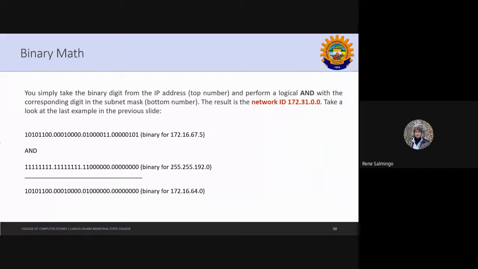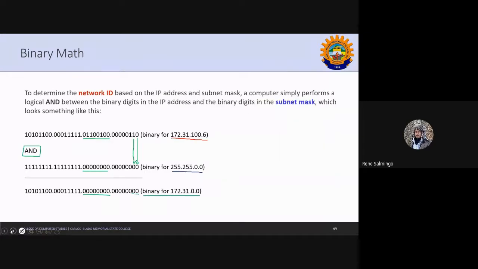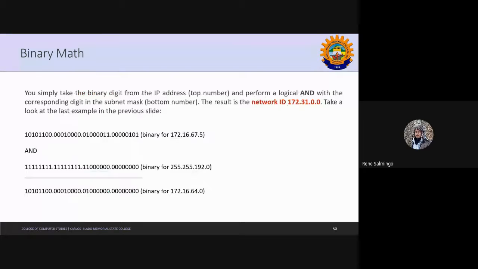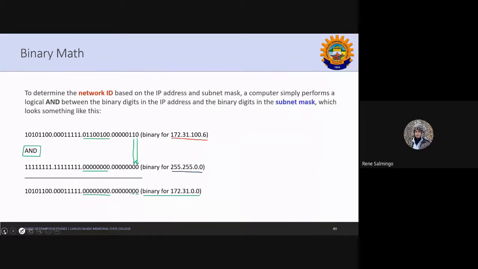For example, if you take the binary digits from the IP address as previously, this is the network ID that we have, and we use a different subnet mask. For the second one, it would be different.